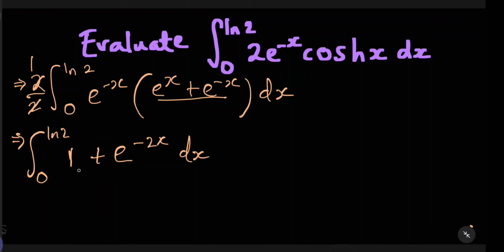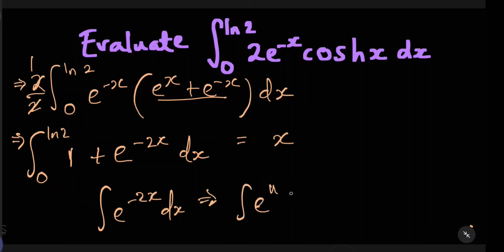The integral of a constant, in this case 1, is x. So this would be x for the first term. Then for the second term, the integral of this dx is the same thing as saying the integral of e raised to the power u if we say u is minus 2x.